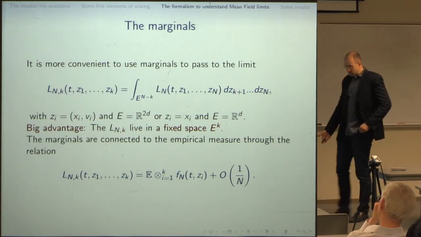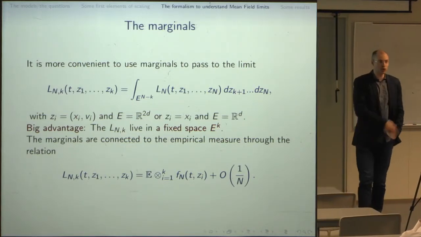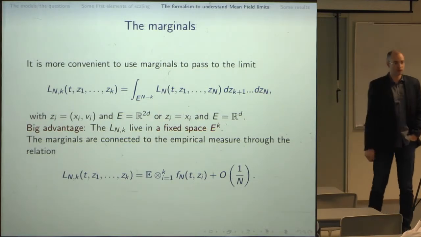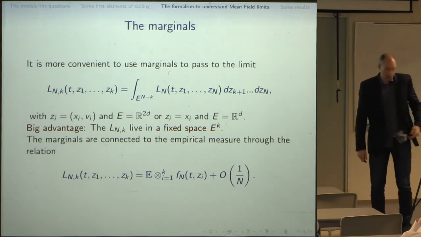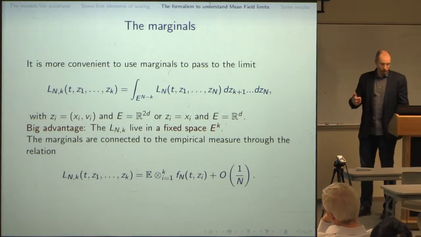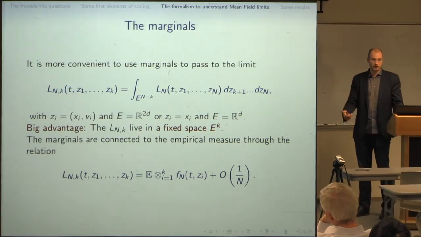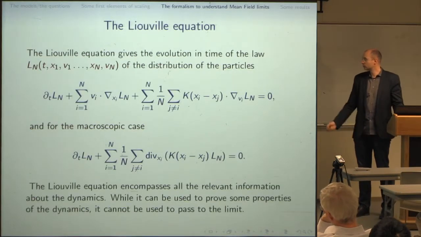So instead, you have the following idea. Let's not look at all the joint. Sir, what do you mean by macroscopic case? The macroscopic case is the case of order 1, and phase space is the case of order 2. So you see, this comes from the dynamics at order 1.